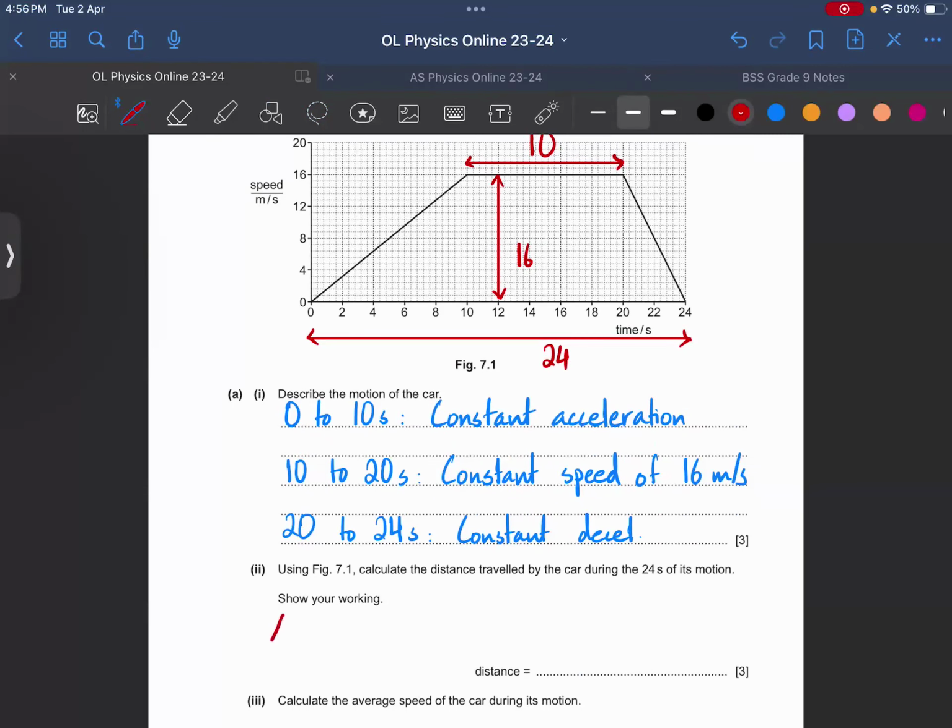So area of a trapezium is half into height into sum of parallel sides. So half into 16 into 10 plus 24. So 34 times 8, basically 272 meters.